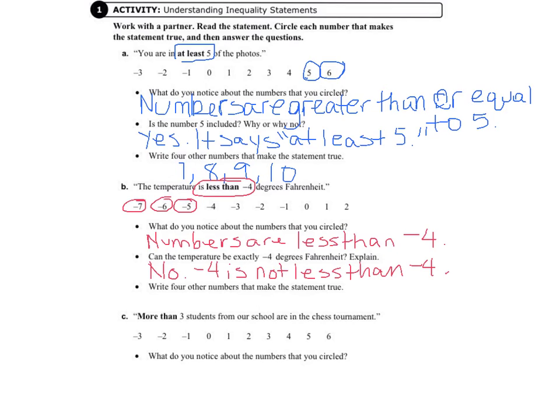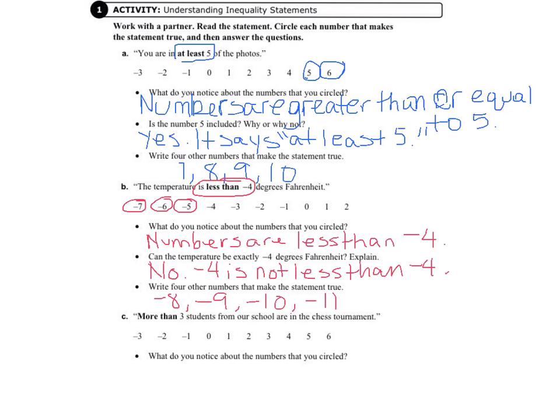Finally, we're going to write 4 other numbers that make the sentence true. So 4 numbers that are less than negative 4. So we can do negative 8, negative 9, negative 10, and negative 11.